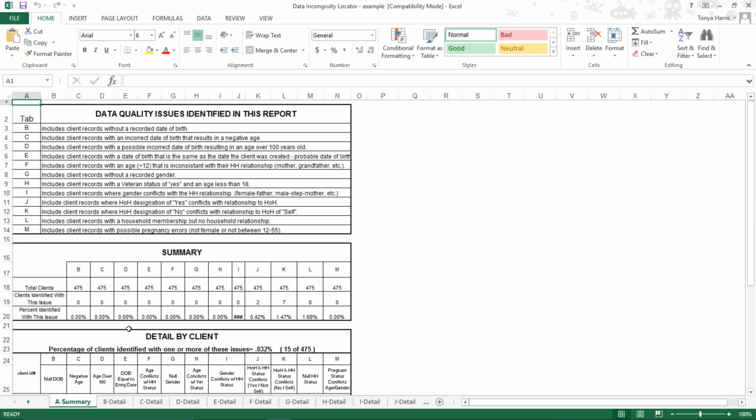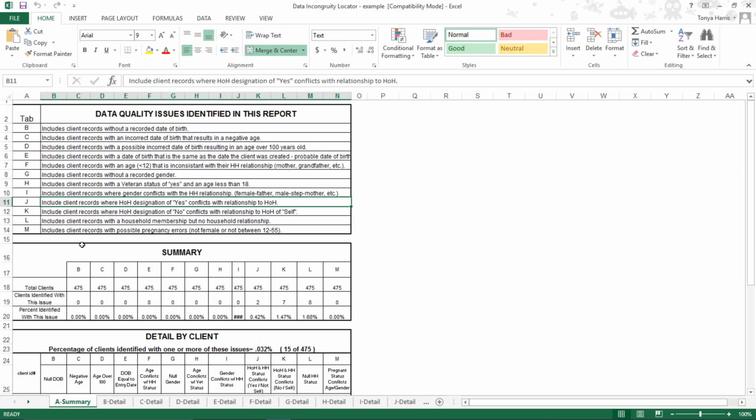And what I have here on this tab is, where do I have data that is what I call wonky? So if you look, we have categories A, B, C, D, E, F, G, H, and I are all perfect. But then when we get to J, K, and L, we have some conflicts. So we have 2 in column J. So column J says clients where the head of household designation is yes, but it conflicts with the relationship to head of household.